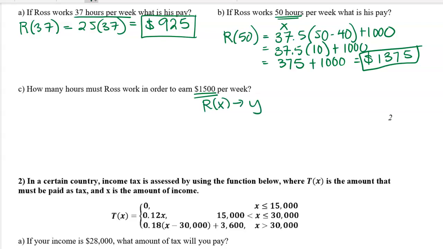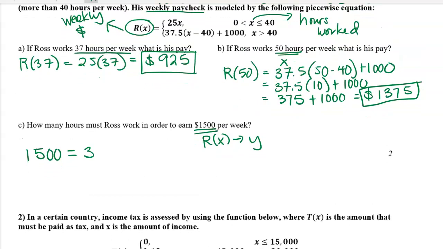The question is, how do you know which piece to plug into? The second piece, because this amount is more than your 10 hours overtime, right, guys? So we have to pick the right piece to solve. So 1,500 equals, and the second piece says 37.5 times x minus 40 plus 1,000, and we're going to solve for x, okay?